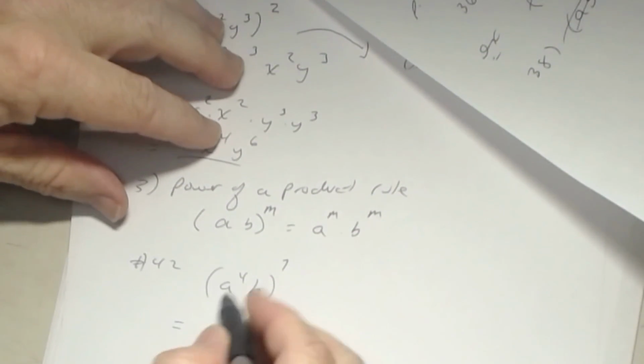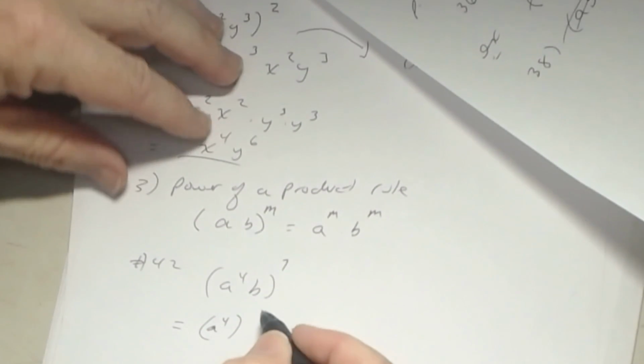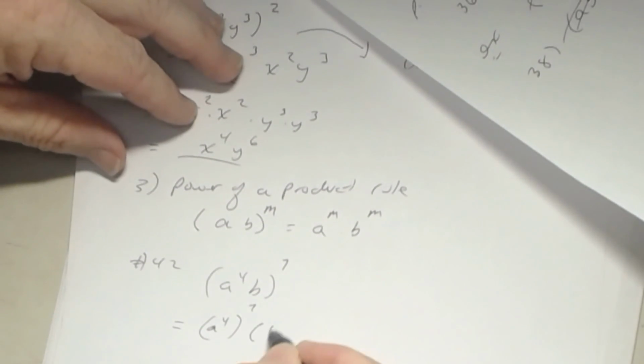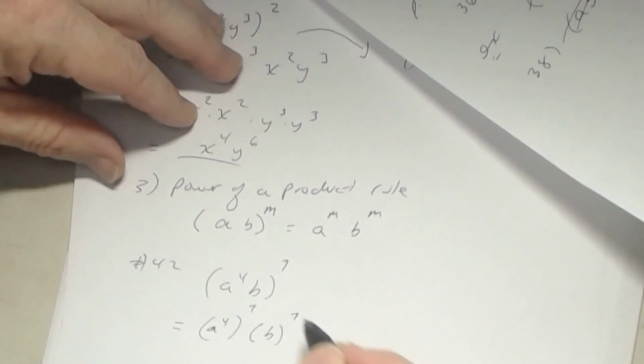So basically the power of a product says this. Now if you need to, you don't have to write the second step. This is optional. But basically what you're doing is you're taking a to the 4th and raising it to what power? 7. And you're taking b and raising it to what power? 7. So you take each factor inside the parentheses and raise it to that 7th power.